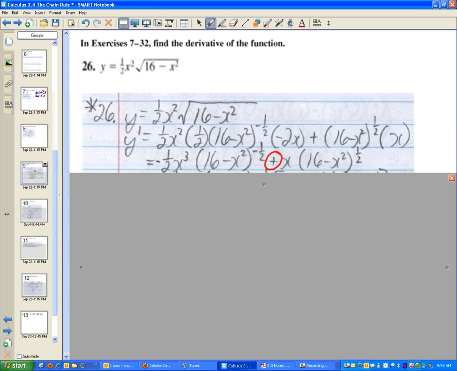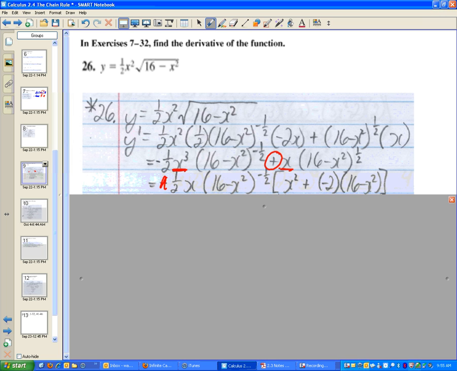So now, let's see what I've got here. Let's not worry about the constant for a moment. Let's look at x cubed and x. What's common to x cubed and x? So I factor out the x, like so. Okay?